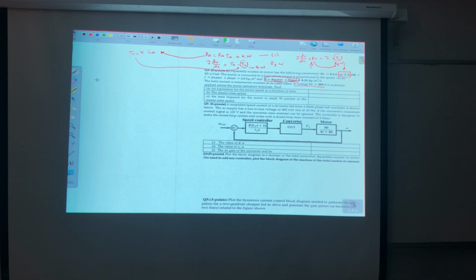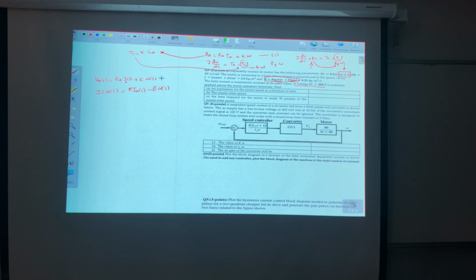so simply I will say VA of S will equal RA multiplied by IA of S plus K omega of S, and J S omega of S will equal TE, which is K IA of S, minus B omega.